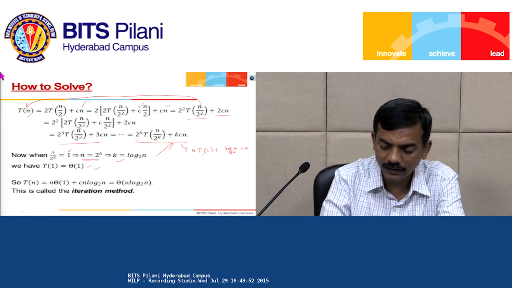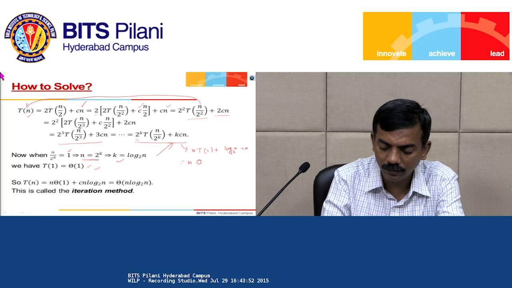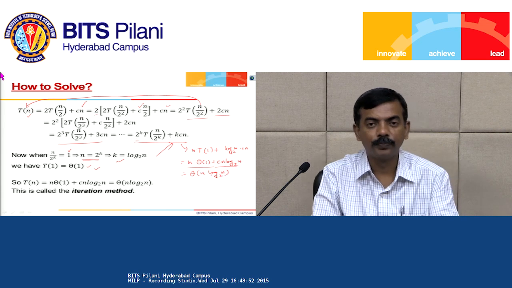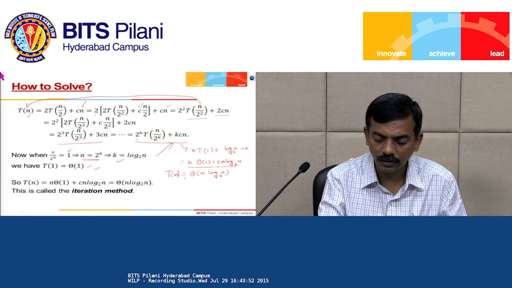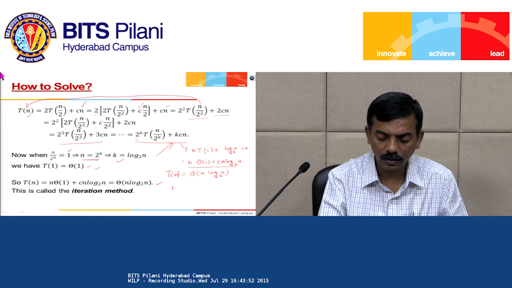What is T(1)? T(1) is theta of 1, you know that. So this is nothing but n times theta of 1 plus Cn log n to the base 2. Together, this is theta of n log n to the base 2. So we have solved our recurrence relation. T(n) is equal to theta of n log n, and that's the running time of the merge sort algorithm.